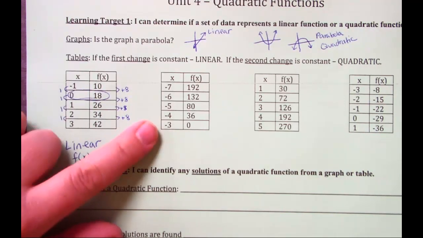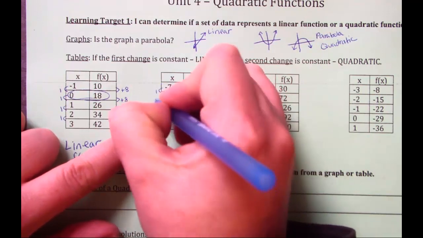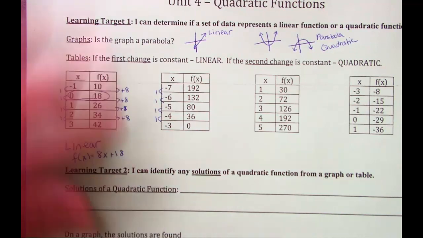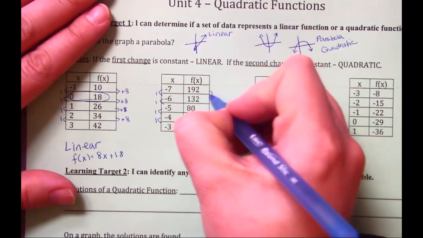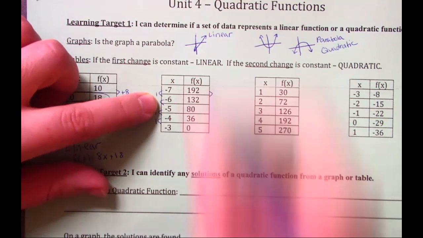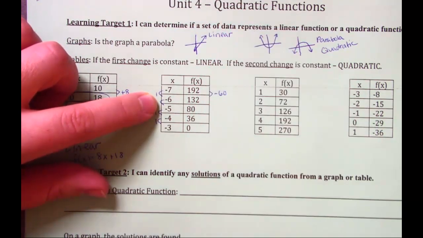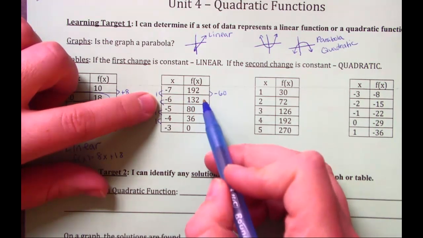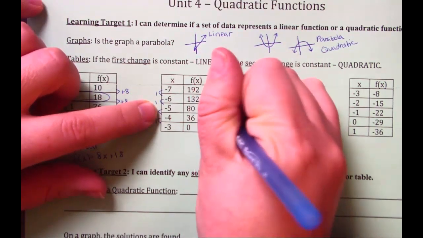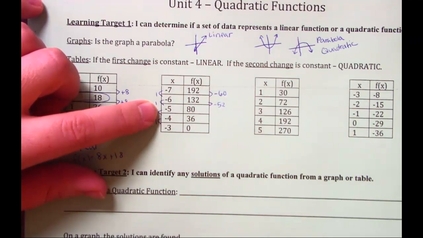Now let's take a look at this one. You're going up 1, up 1, up 1, up 1 over on the left side in the x column. Now here, to get from 192 to 132, you're going down 60. To get from 132 to 80, you're going down 52.